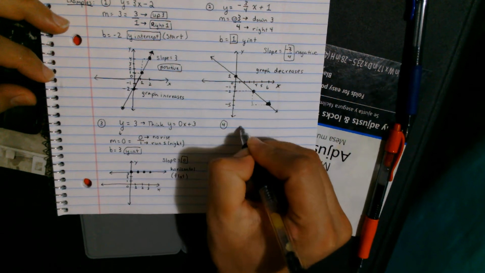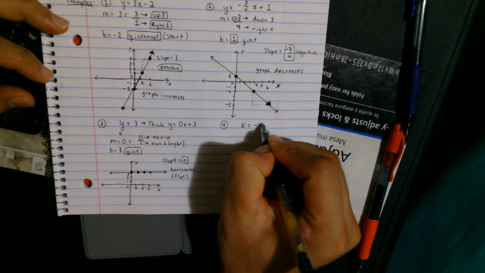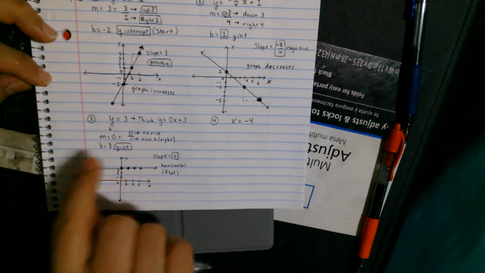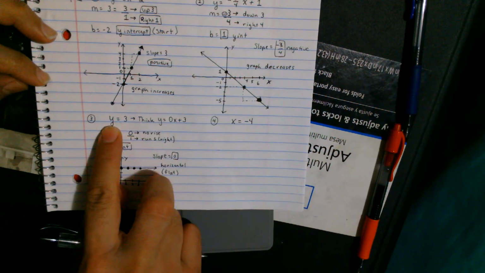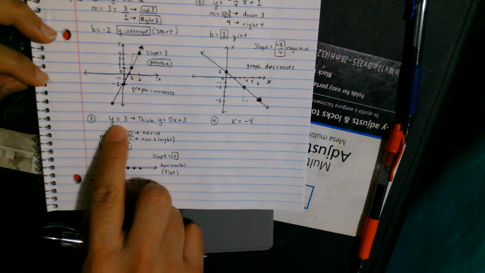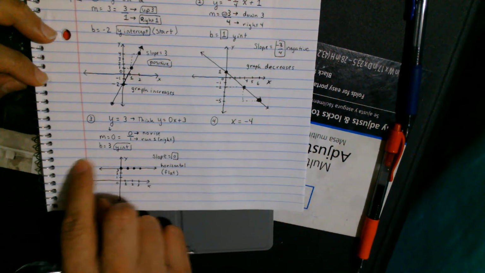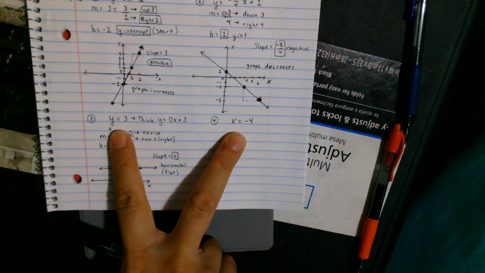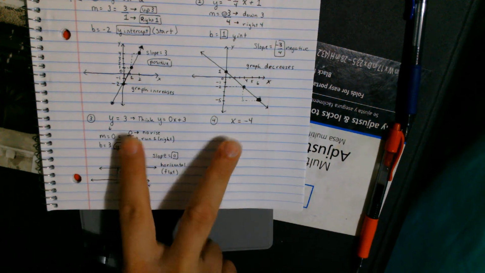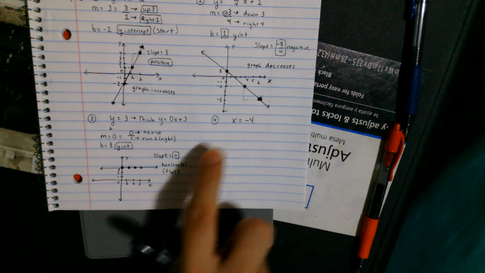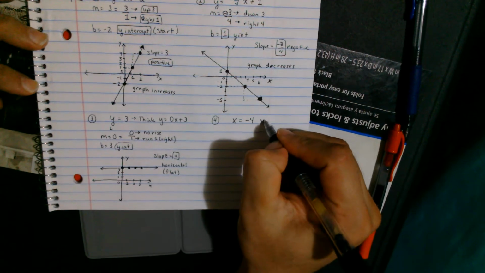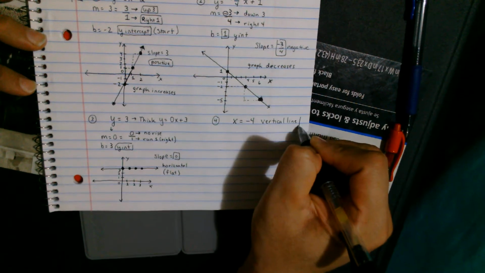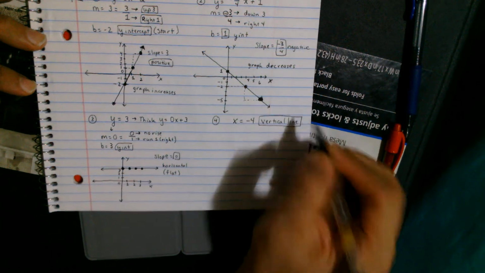And then finally, if you take away the y and just put an x equals negative 4. Now, if you took away the x and you just have y, it is just straight up horizontal. But now if you flip the script and you took out a y instead of x, then horizontal becomes vertical. So this actually doesn't fit y equals mx plus b, so you have to kind of be intuitive about it.